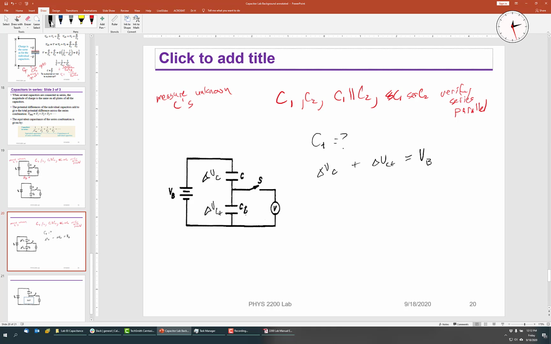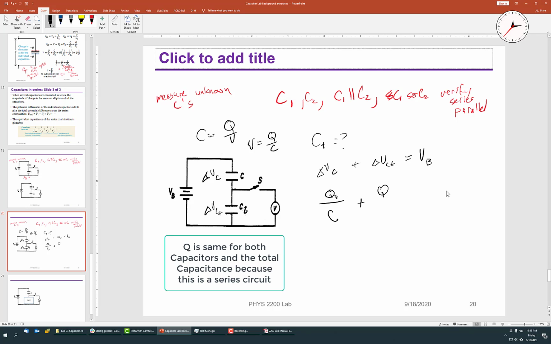We have to remember that C equals Q over V, so the voltage on C is V equals Q over C. So that's going to be Q over C plus Q of C-test over C-test.